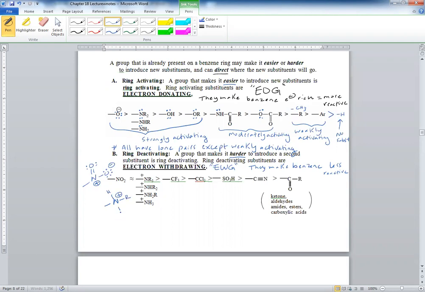I'm just showing you, for example, this one right here. You see the positive on it, or they have a delta positive, because they have electronegative atoms, etc. Very well, all of these are strongly deactivating.